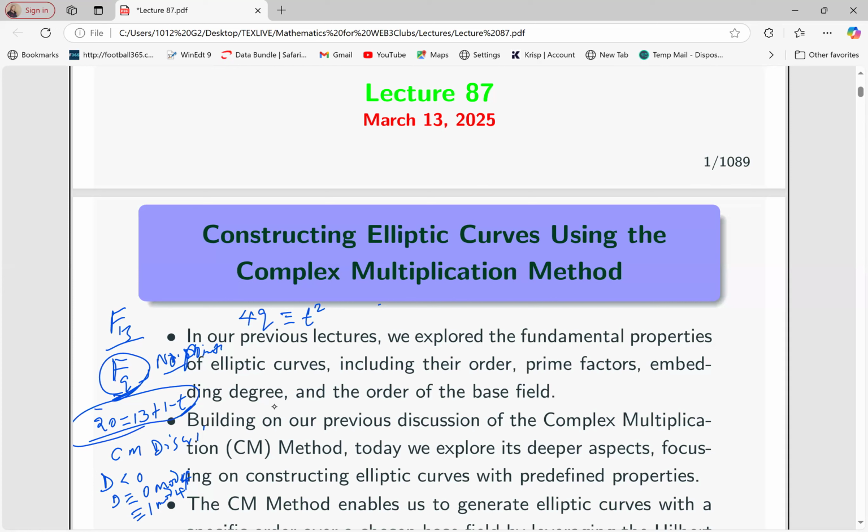So 4q is congruent to t squared plus the modulus of D times b squared.